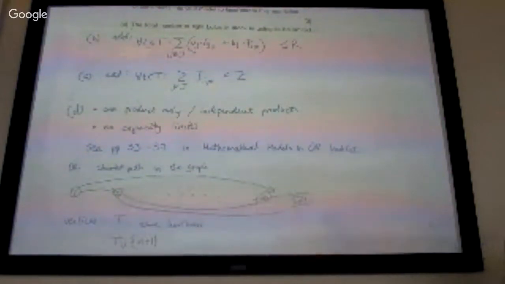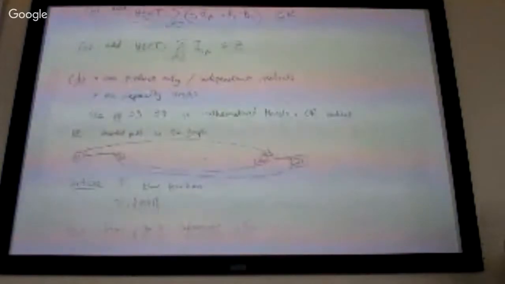Okay, so arcs from J to K, where J is less than K. From any small number to any large number.